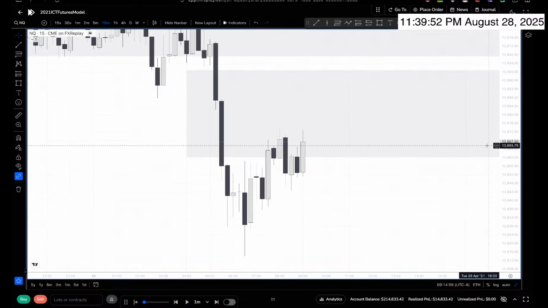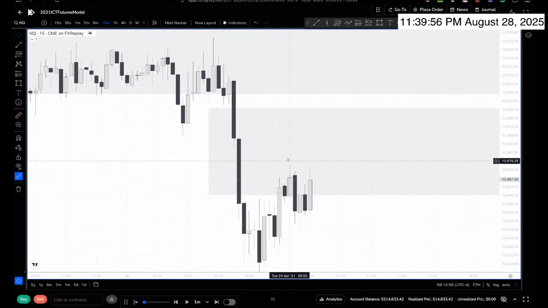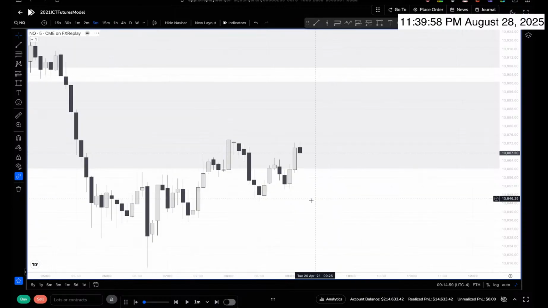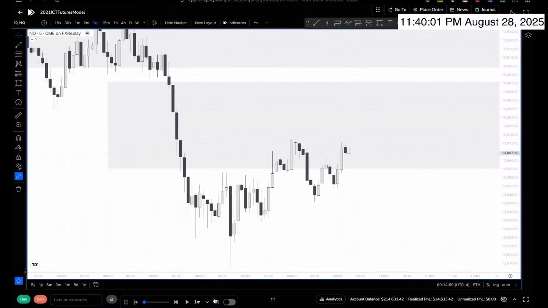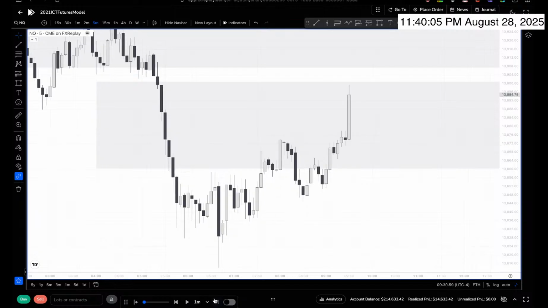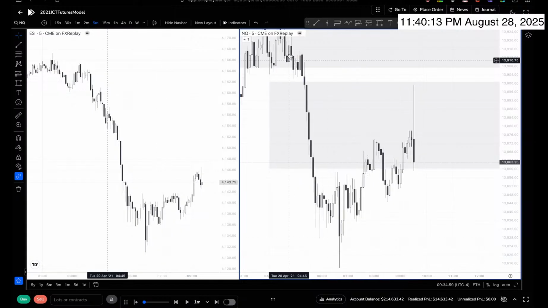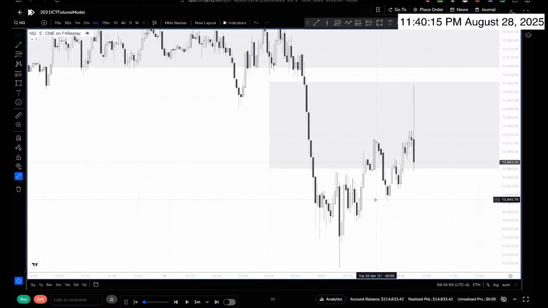And I'd like to see maybe these highs here or these ones get taken out before the drop, because obviously I'm waiting for price to go lower, so it has to first go higher for us to see the drop. Okay, nice, we take out those highs. I'd like to see how YES is looking. So YES is pretty much doing the same thing.